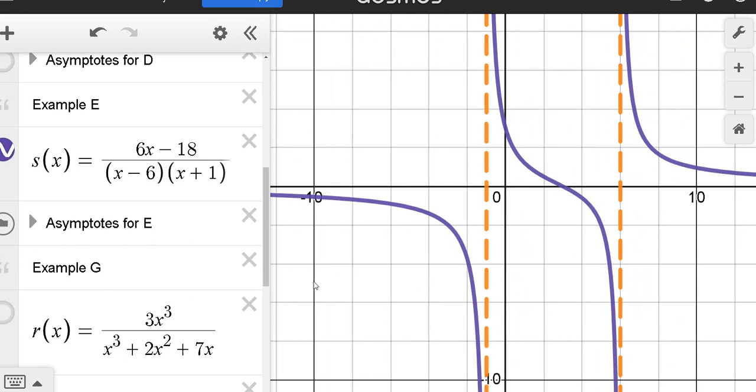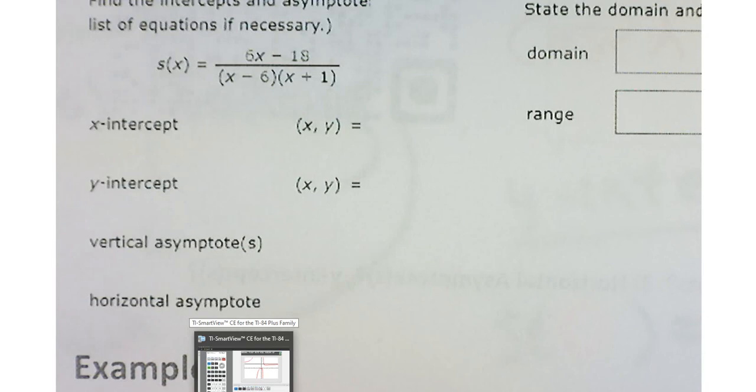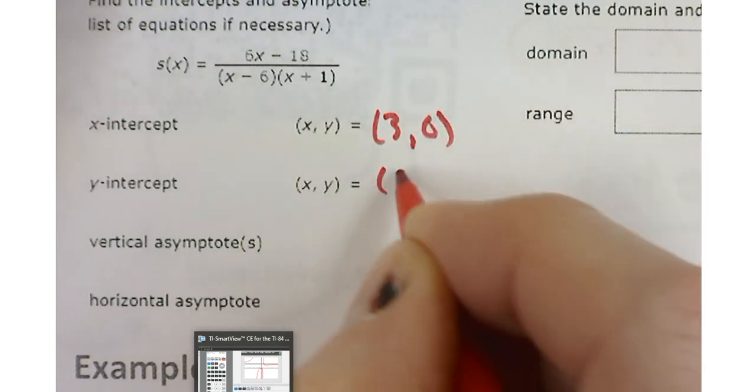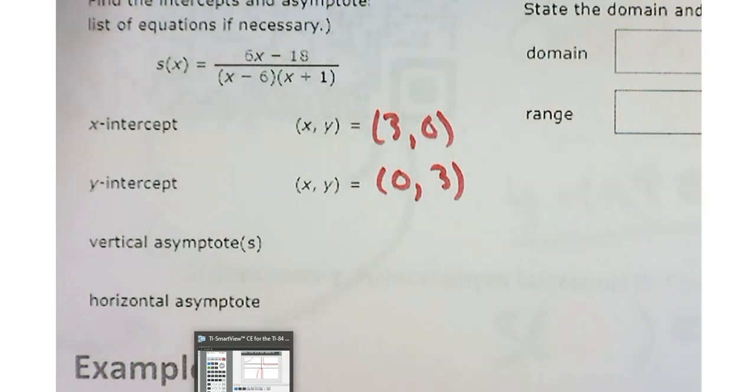All right, there's one last question we have to answer on this, maybe two last questions. Let's go back to the actual handout for that part. On a test, if I ask you for the x or y intercepts, I'm just looking for the numbers, whatever x equals or whatever y equals. Here they actually want, for instance, 3, 0 or 0, 3.